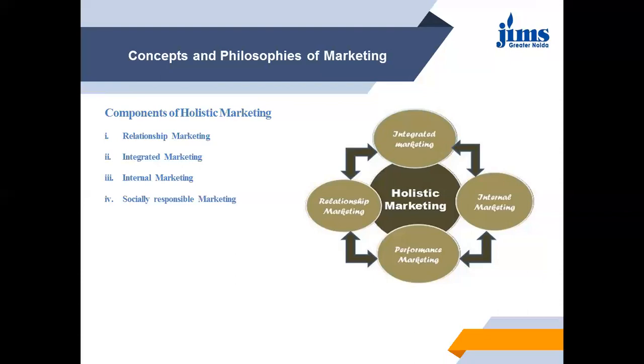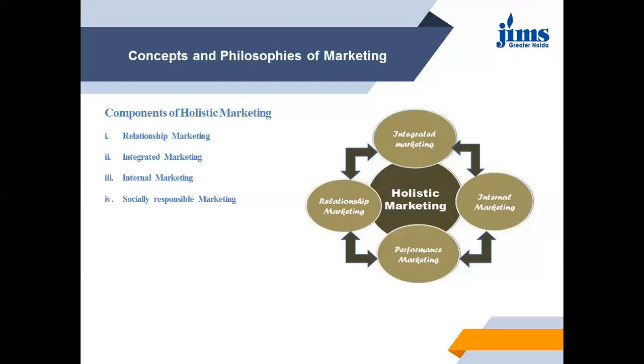So the efforts should be made in the direction of being responsible for the society and its benefit and welfare, rather than creating problems for the society, because we know society is a larger environment surrounding every business. Business cannot survive if it does not get the response and support of the society. So the holistic marketing concept is the most recent concept, and therefore is very, very important for every modern firm to adopt.